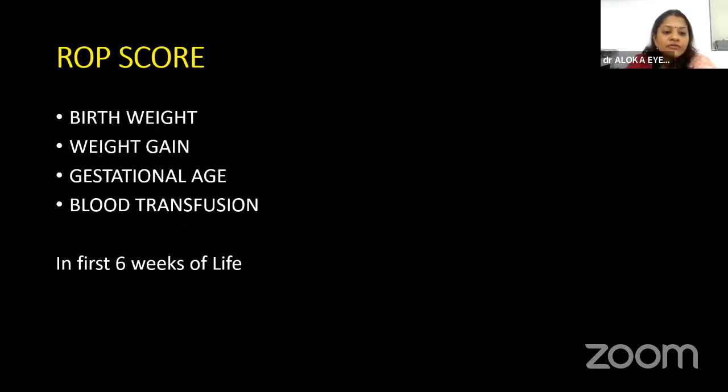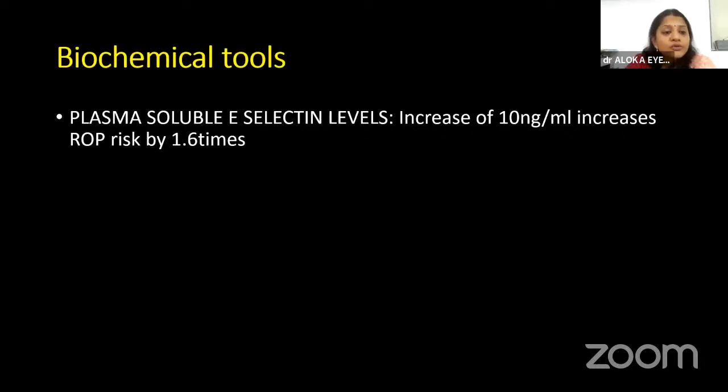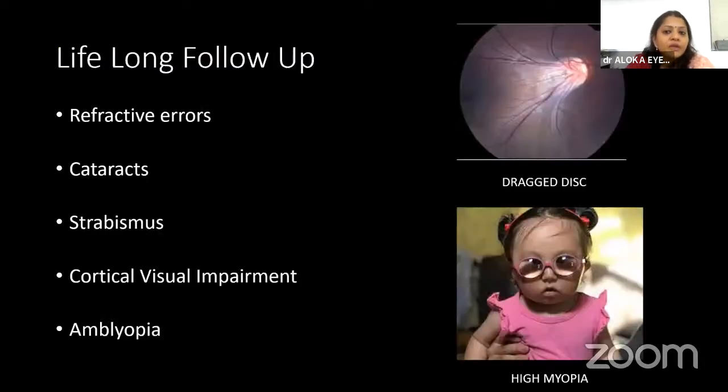When we put the score in the first 6 weeks of life, we have a high predictability of ROP. Biochemical tools are also being studied, where they have found that E-selectin levels increase in the second phase of ROP. So if we see E-selectin levels increase to 10 nanogram per ml, these babies have a higher risk of ROP.